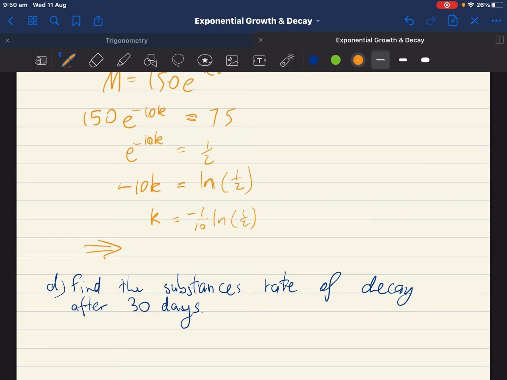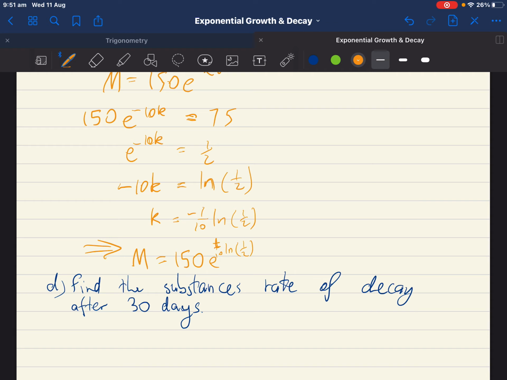This implies, now, just before I move on, that the mass of this particle is going to be given by, check it out, 150, right? We discovered that in part B. e to the minus, and we now know what K is. It's a -1, so it ends up being a positive 1/10 ln half times t.